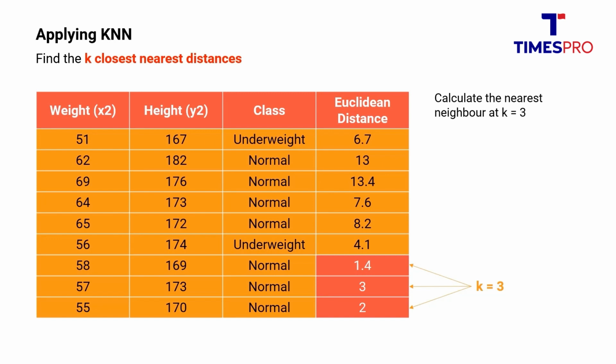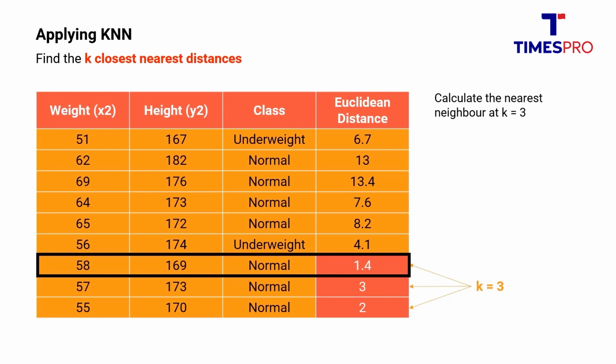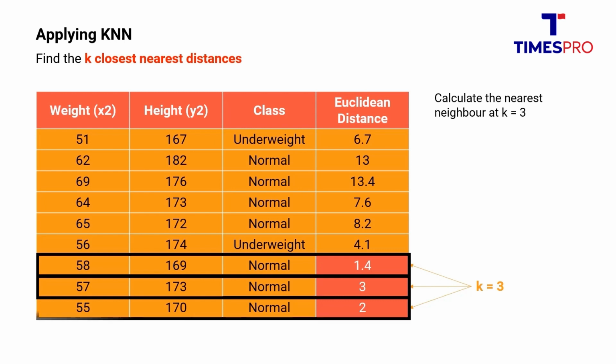So the data points 58, 169; 57, 173; and 55, 177 are the data points which are closest to the data point 57, 170, for which we have to predict the class.